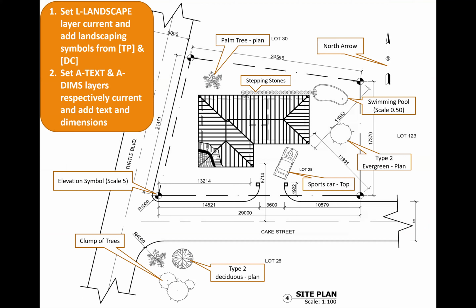But I could just tell you the things that are from Design Center because the Tool Palette things are more. So only 3 things came from Design Center: stepping stone, swimming pool, and clump of trees down the bottom. Everything else is Tool Palette.